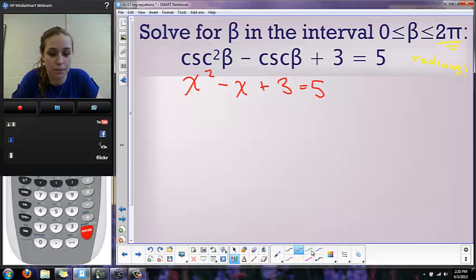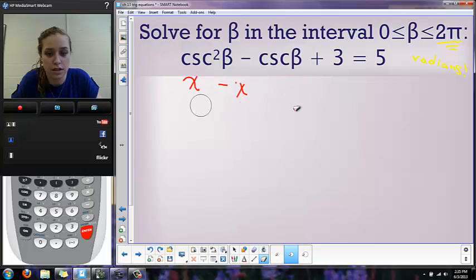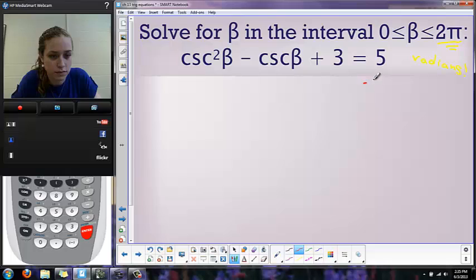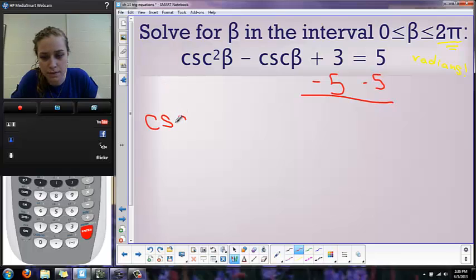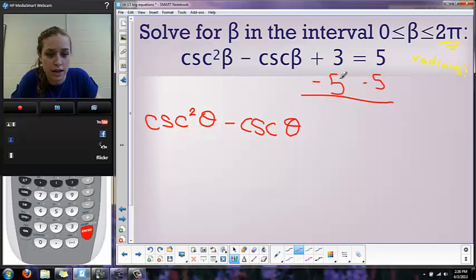So I'm going to subtract 5 on both sides to set it equal to 0. Okay, so cosecant squared beta. I'm even just going to change it to a theta because it's just easier for me to write cosecant theta. Now 3 minus 5 gives me a negative 2. That whole thing is equal to 0.